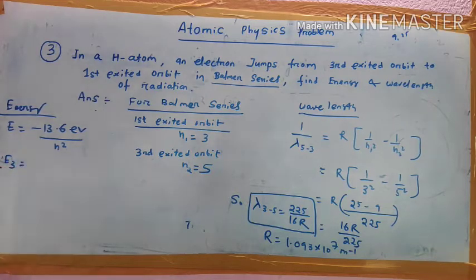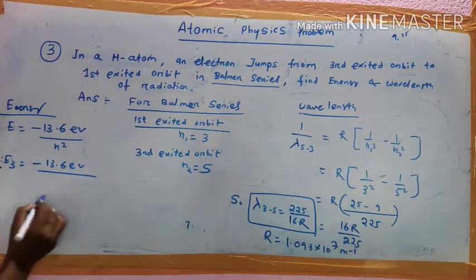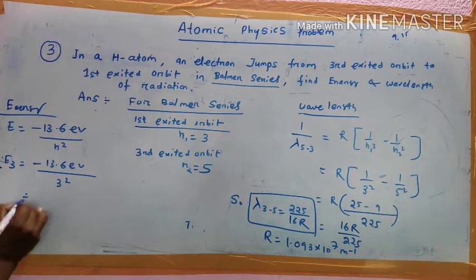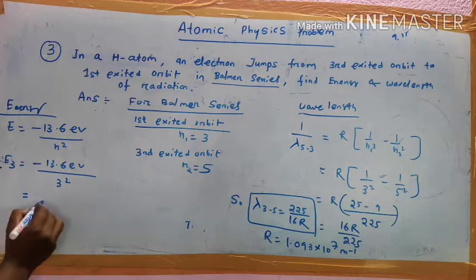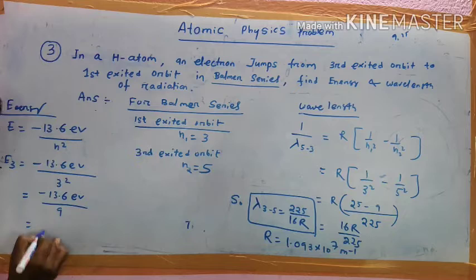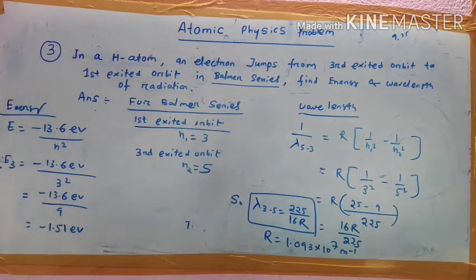For E3 it is 13.6 electron volt divided by 3 square. This becomes 13.6 eV divided by 9, which is equal to minus 1.51 electron volt.